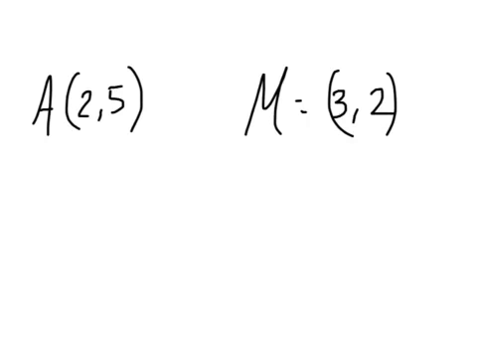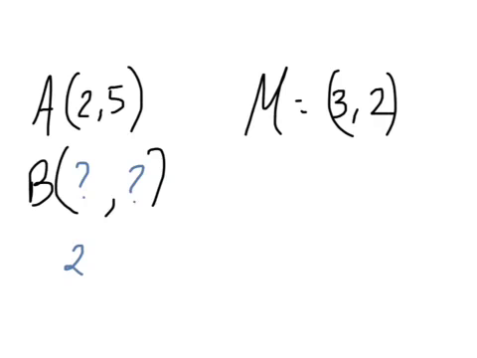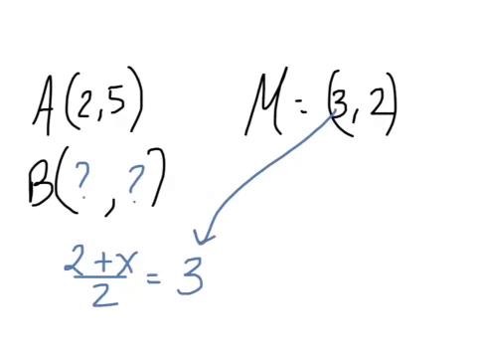So if you were looking for B, then you would take 2 plus x divided by 2 equals 3. Now where did I get the 3 from? It's the x coordinate of the midpoint. I would multiply both sides by 2. So I get 2 plus x equals 6. Subtract 2, and I get x equals 4.